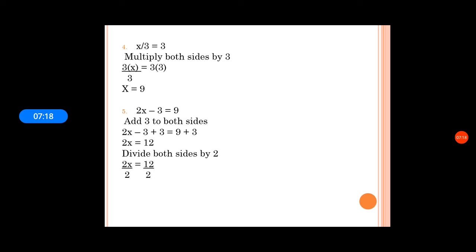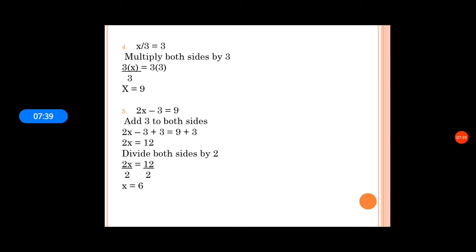The 2 will cancel out the 2, and the 12 will be divided by 2. So our answer is 6. You can apply this rule to any form of equation where you are required to make use of the balanced method.